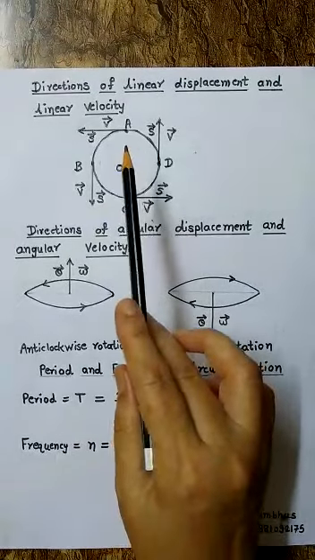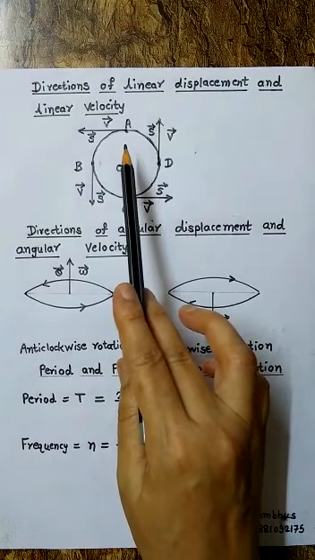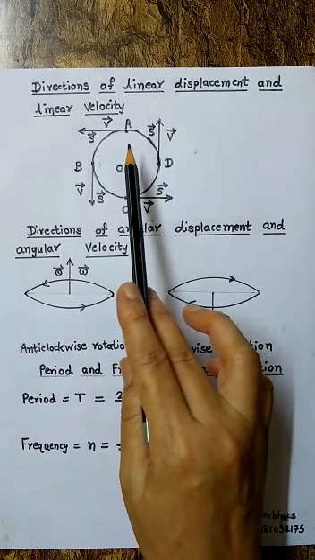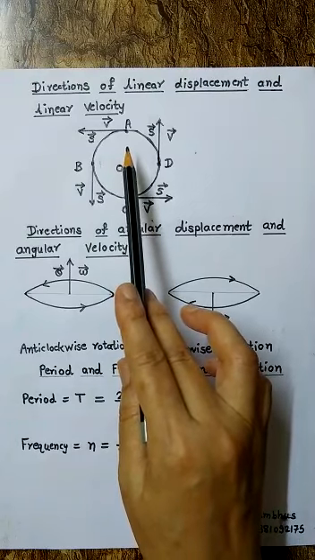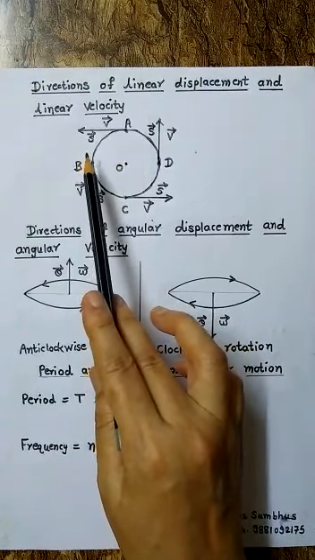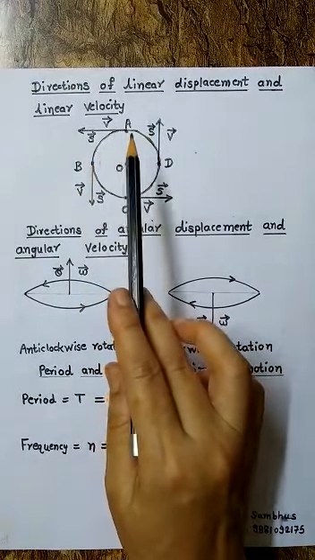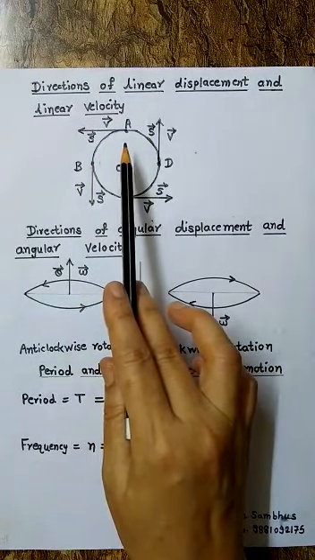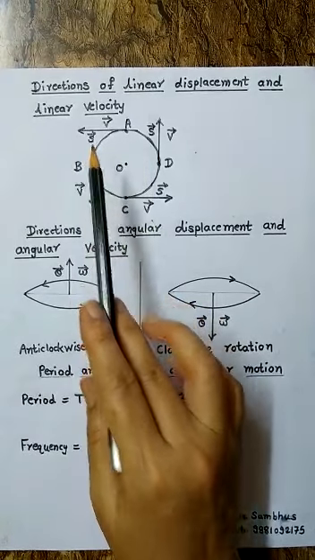At some time instant, suppose the particle is at position E. Then linear displacement and linear velocity are directed along the tangent to the circular path, and as the particle is moving in anticlockwise direction, the direction of linear displacement and linear velocity at point A is along this vector.